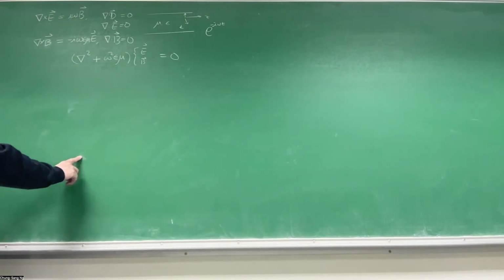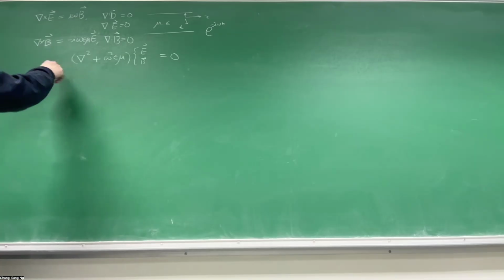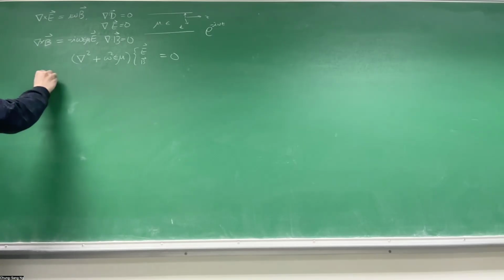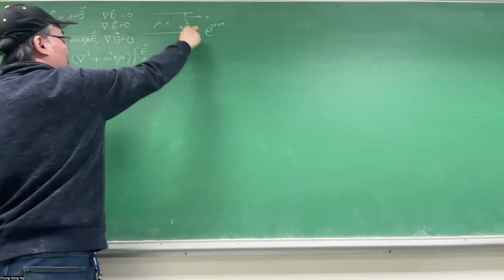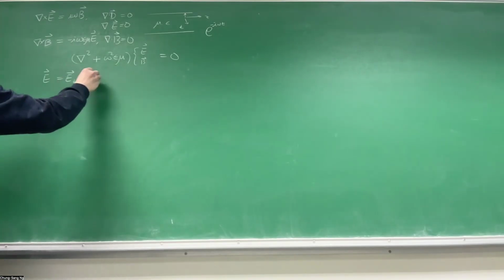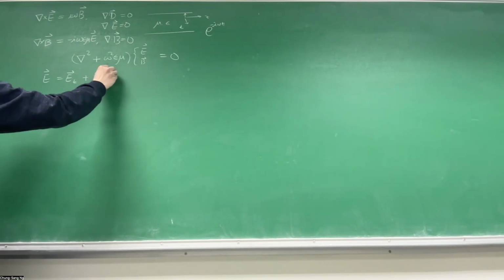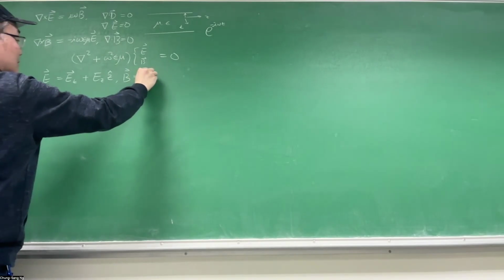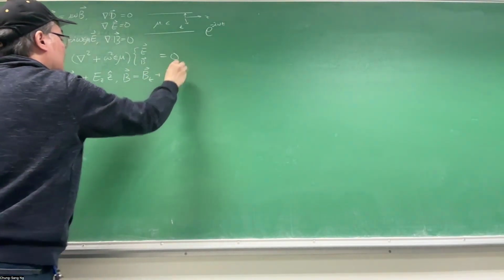But for a waveguide, we want to separate the z direction and t direction for both the derivative and the field. For the field, E is E transverse, which is a vector because it has two components, and then the z component, E sub z, in the z direction.